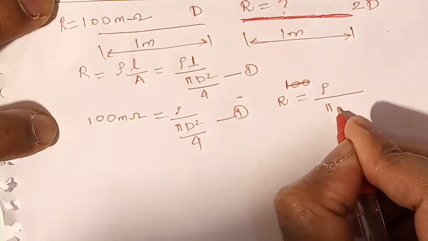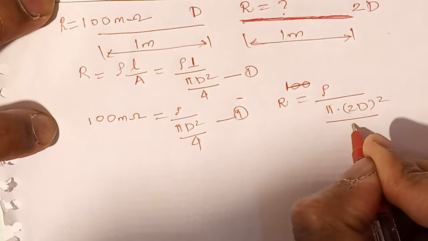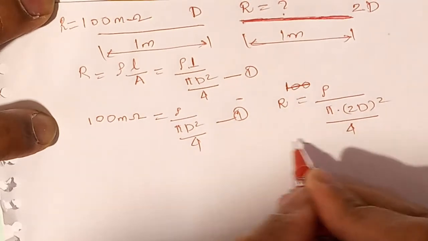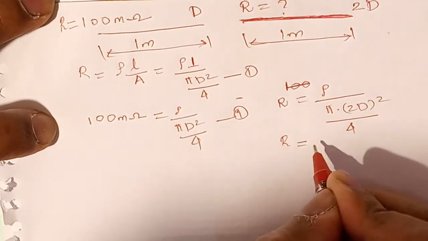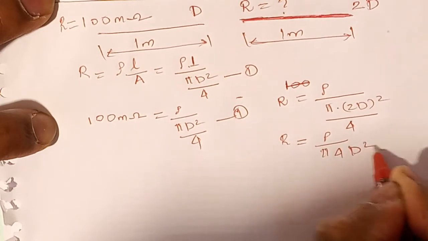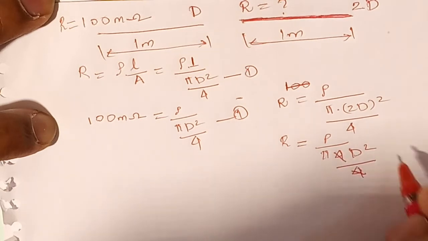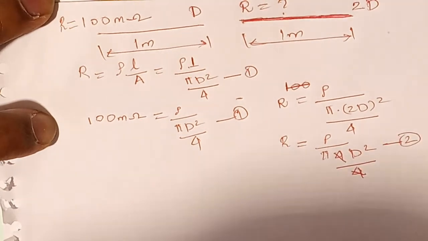In place of D in pi D squared by 4, we'll get 2D whole squared divided by 4. So R equal to rho pi 4D square by 4. The 4 cancels. This is our second equation.